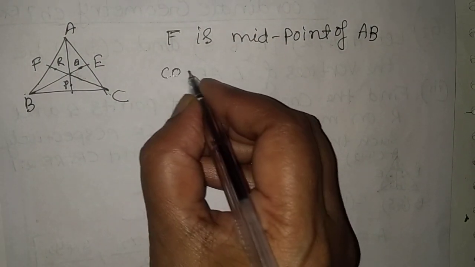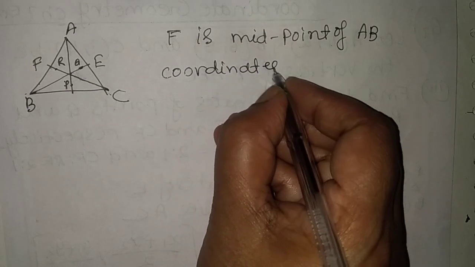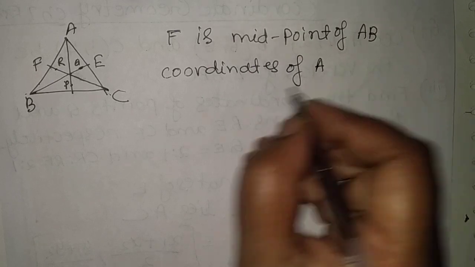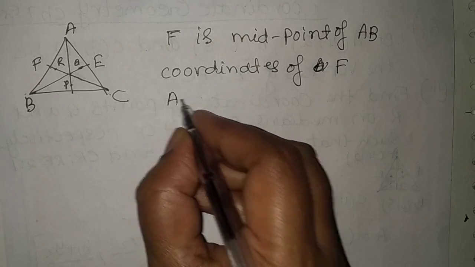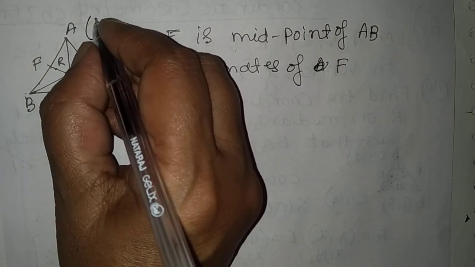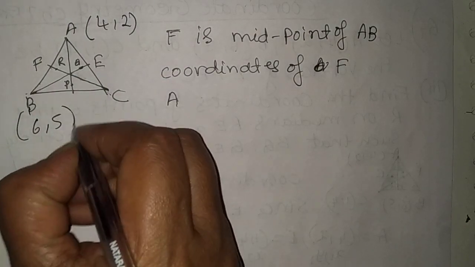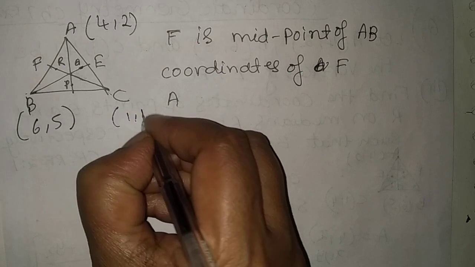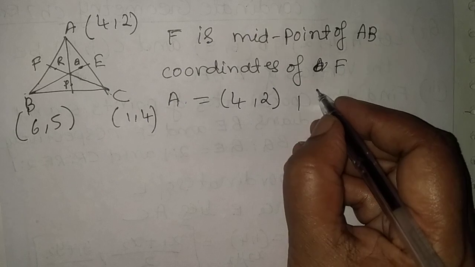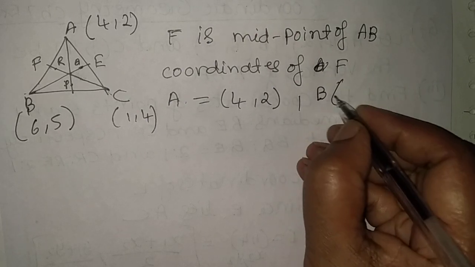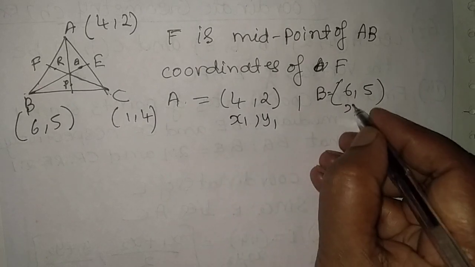Then the coordinates of F. F lies on AB, so we have to take A as (4, 2) and B as (6, 5). Now take down x1, y1, x2, y2.